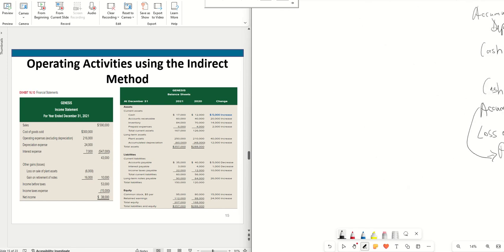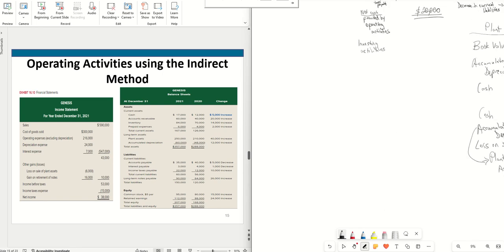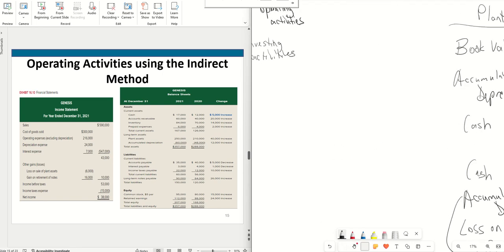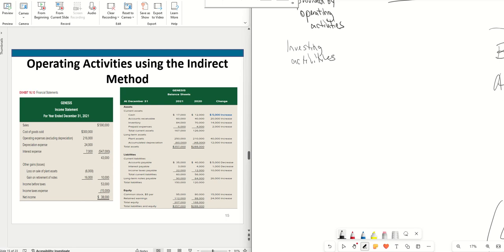that's going to be reflected in a statement of cash flows. So I'm just going to go over here, zoom out, and then right underneath investing activities, I'm just going to put on here cash received from sale of plant assets.